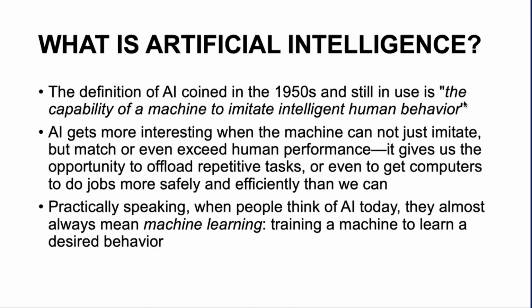And it gets more interesting when the machine cannot just imitate but exceed human performance. Well, it's possible, even if AI was made by a human, that it can exceed human intelligence. Okay. Well, it gives us the opportunity to offload repetitive tasks or even to get computers to do jobs more safely and efficiently, mainly because it lessens human error.